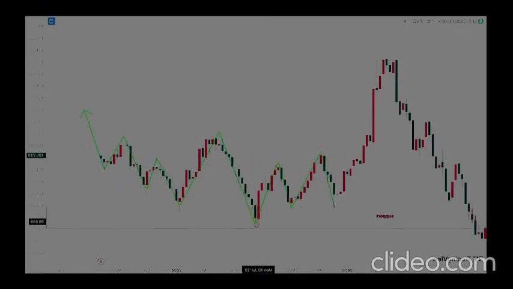from this point toward this point, you can see, guys, here the market broke the previous high.